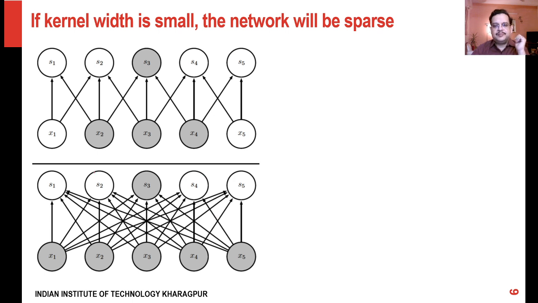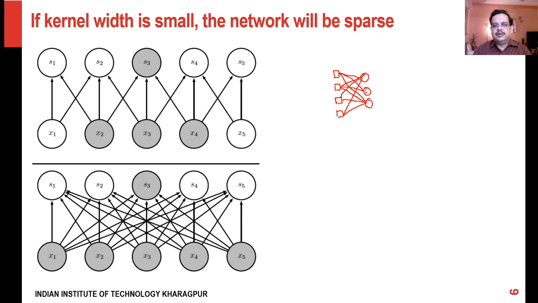What do we mean by that? If we look at the type of network that we saw in the previous lecture, we were having what is called a fully connected network. I have my input layer, then I have the next layer, and they are completely connected, which means every neuron here is connected to every entity in the previous layer.